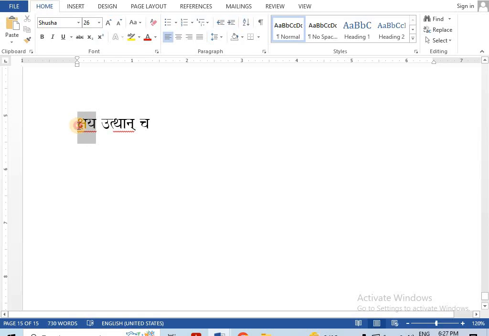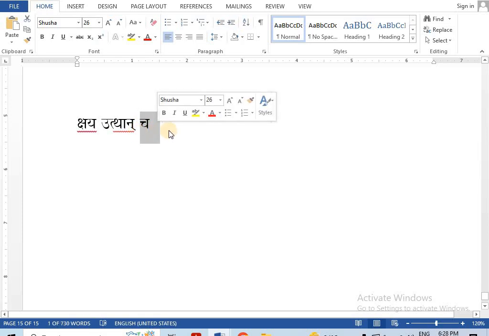Ksaya is decrease, vruddhi is increase, means increase and decrease of urine. And here this word utthan is the same as jatan, bhavan, udbhavan, means occurred. So the disease that occurred due to the increase or decrease of urine. And cha means and.